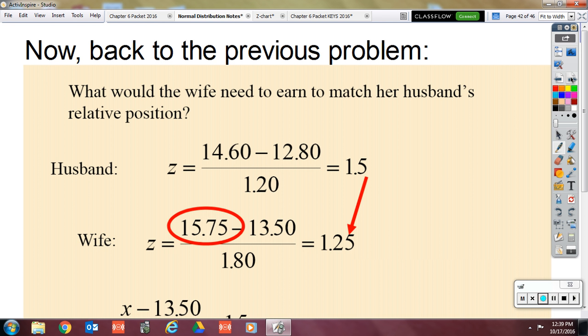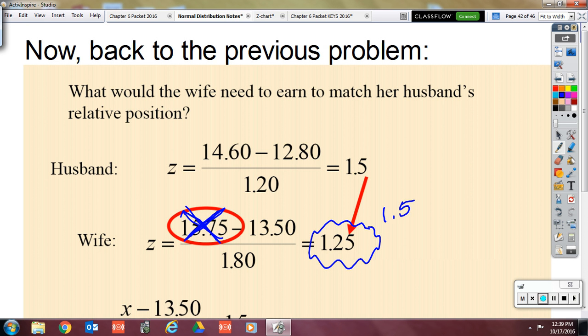So on your next slide, I think on page 9 or so, we're wondering, first, what would the wife need to earn to be the same position as the husband? So to match his relative position, what do I need to happen? I need her z-score to be 1.5 and get her new x value.